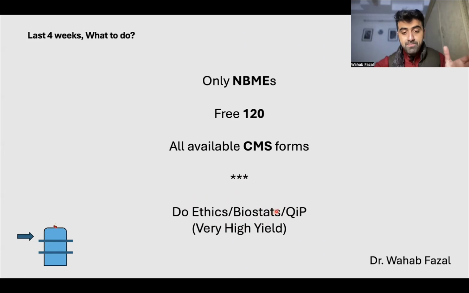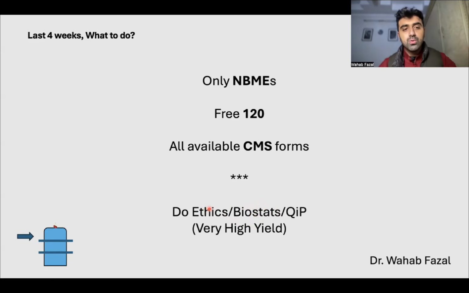Gratefully I got a good score, more than I wanted, so I'm absolutely happy with my score. But the only questions that I was sure about were biostats. So you want to make sure that you're getting absolutely every single biostats question right. Ethics, you want to study as much as possible. For ethics, I used UWorld.